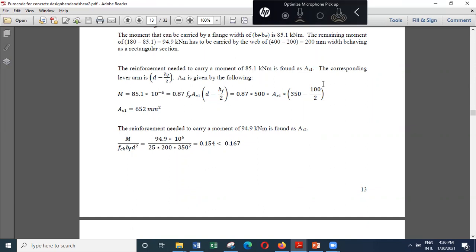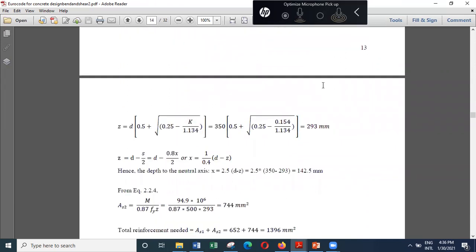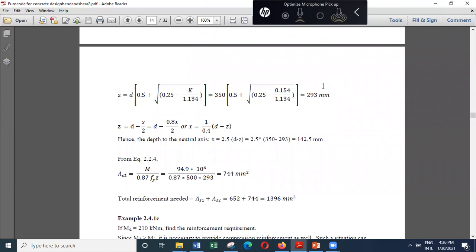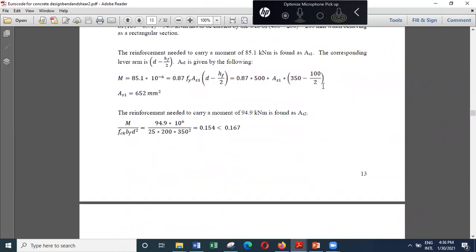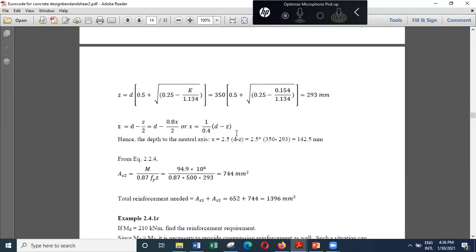But for the rectangular section, we do not know the exact neutral axis and the exact lever arm. So to find the lever arm for the rectangular section, we consider it as a rectangular beam carrying the remaining portion of the moment, which is 94.1. And that way we can determine the total amount of reinforcement needed.